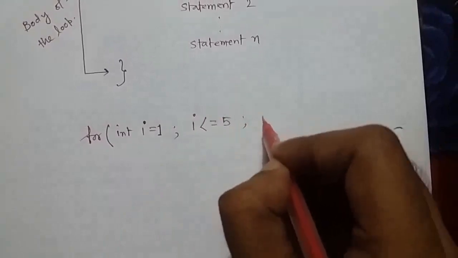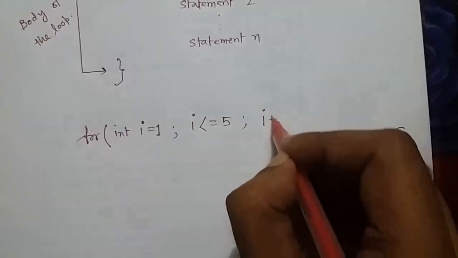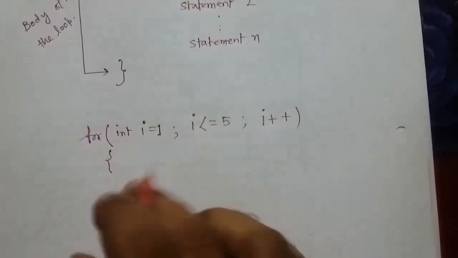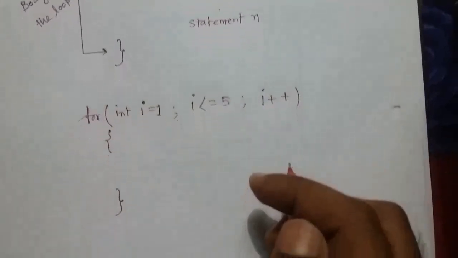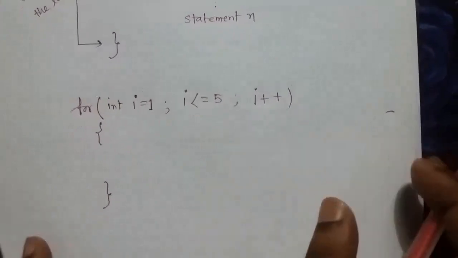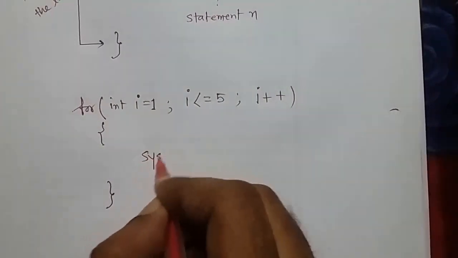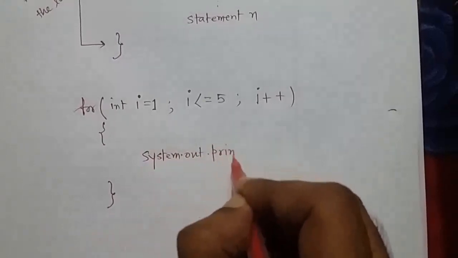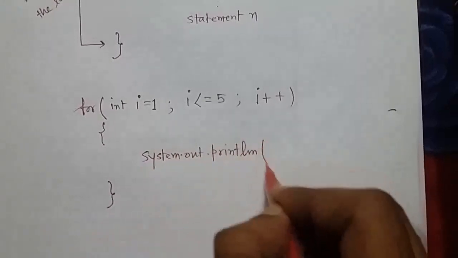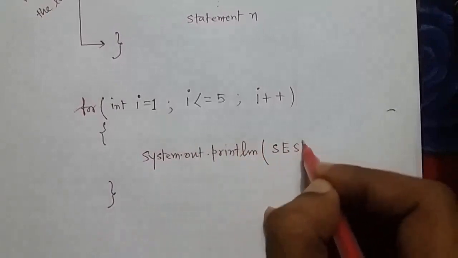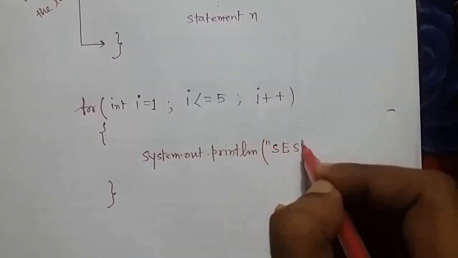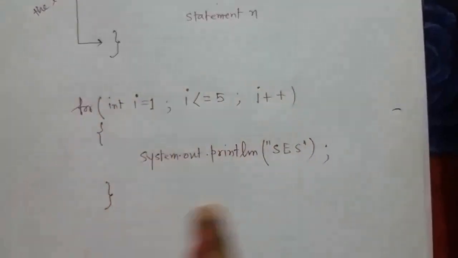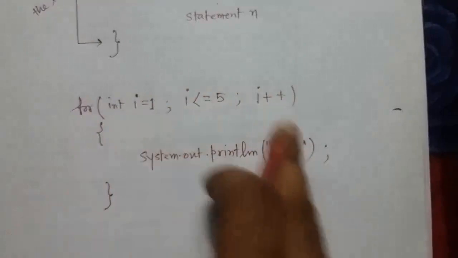And here update expression. Suppose increment, so i plus plus. And in the body of the loop, I will write only one statement, that is System.out.println("SES"), that means South End School.